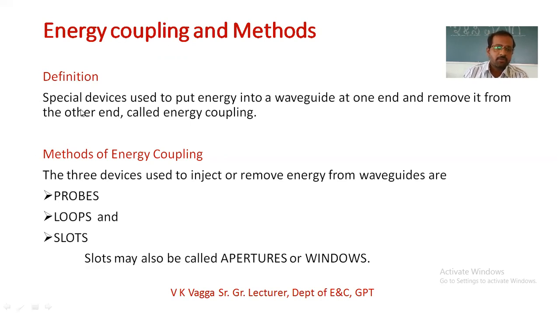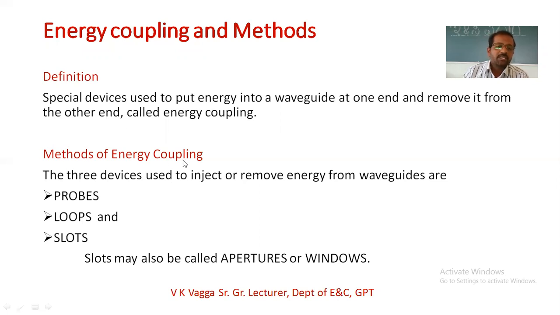I am going to repeat the definition again. It is a special device used to put the energy into the waveguide at one end, and to remove it from the other end, called energy coupling.